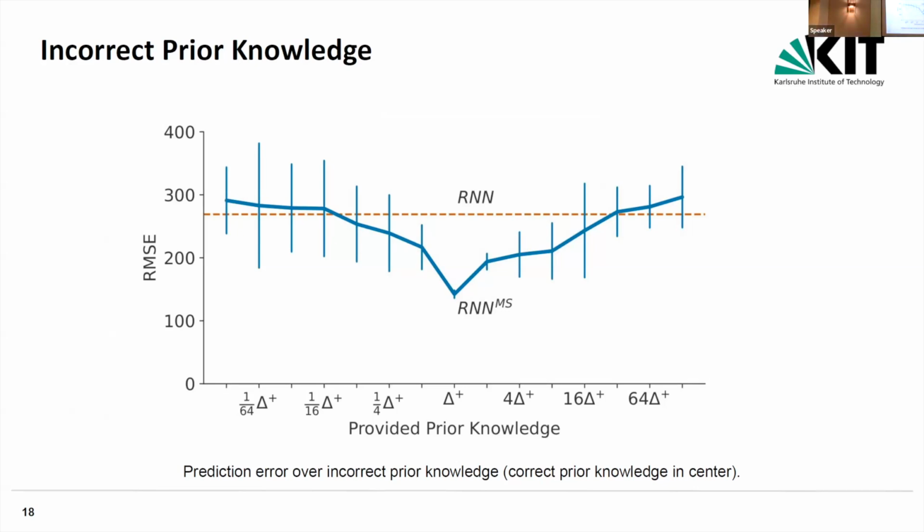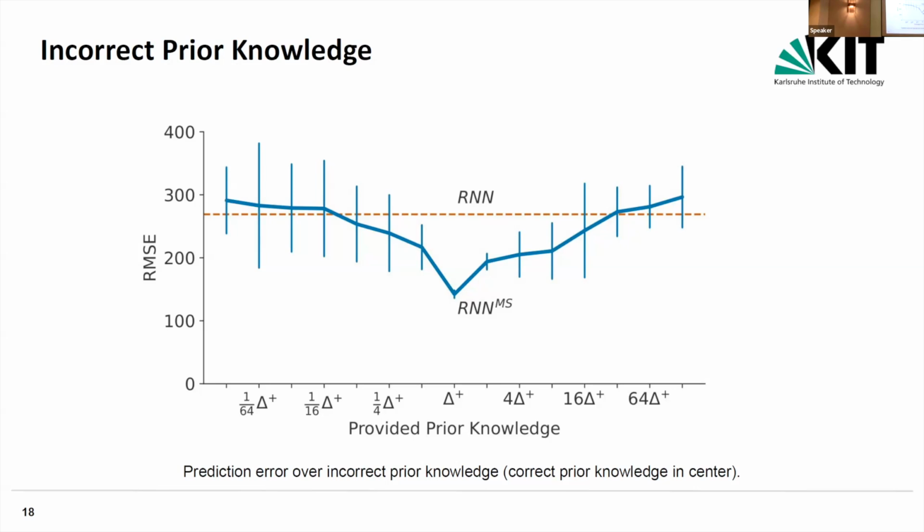The answer is, whenever you apply knowledge-guided machine learning, whatever kind of project you do, it's important to perform a sensitivity analysis of your provided domain knowledge, just to make sure that, first, you actually got the right domain knowledge, and second, that your approach is robust against small variations.